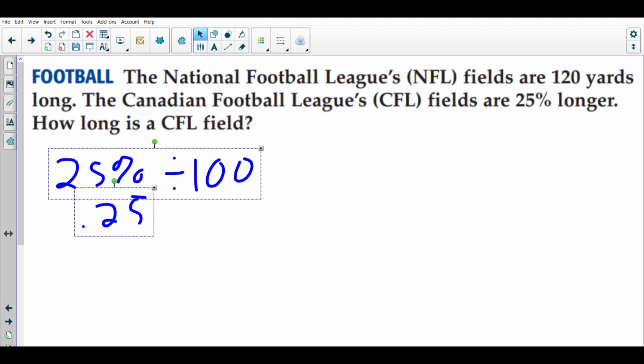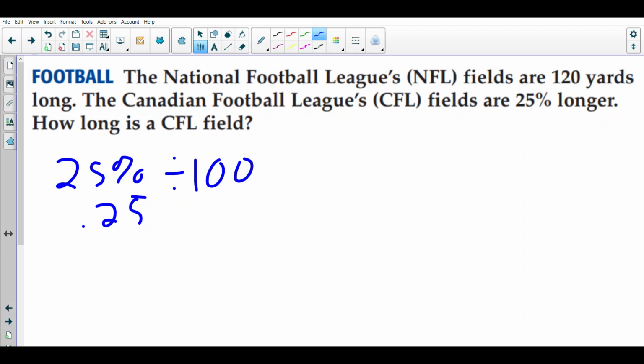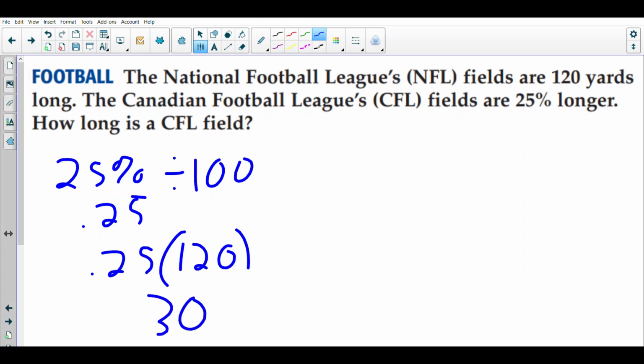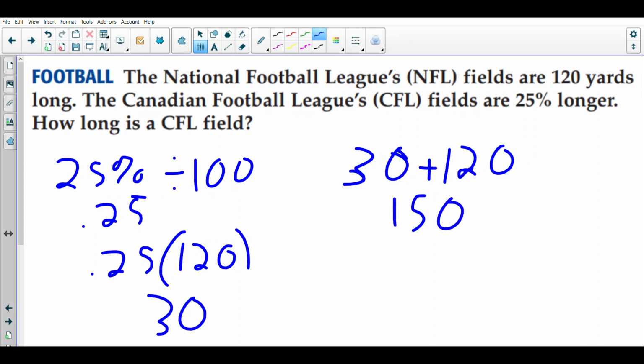So we get 0.25 times 120, which gives us a grand total of 30. Now I take that 30 and add it to the original, 30 plus 120. So I get 150. CFL fields are 150 yards long.